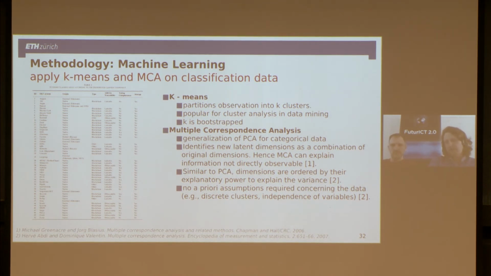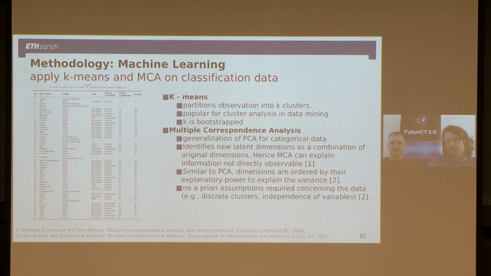The one is k-means, which is pretty popular in data mining. It partitions the data into clusters, and the number of clusters you will see later, we bootstrapped. And the second method we are utilizing is the multiple correspondence analysis, which is more used in the social sciences. It's a generalization of the principal component analysis for categorical data.